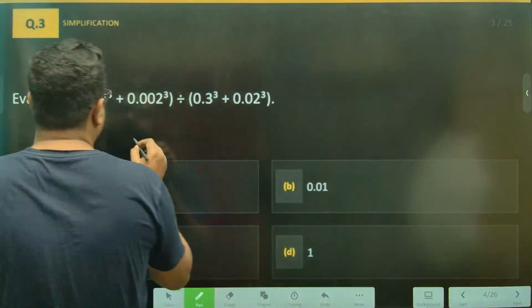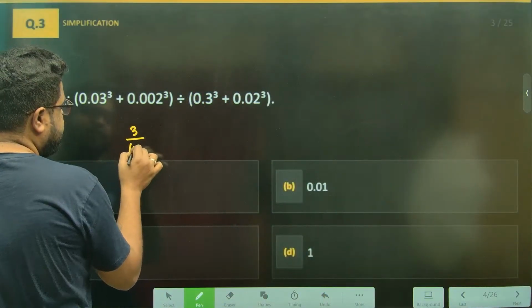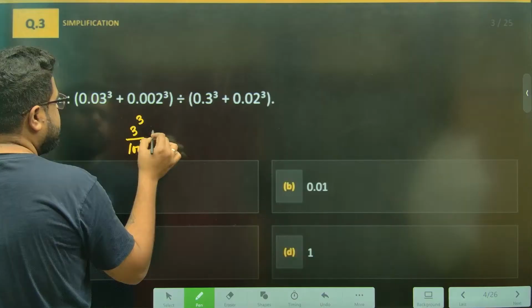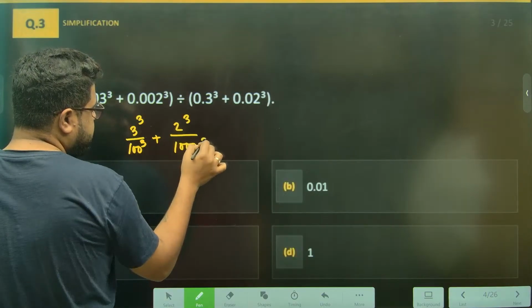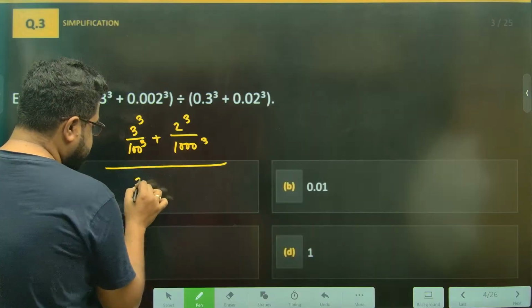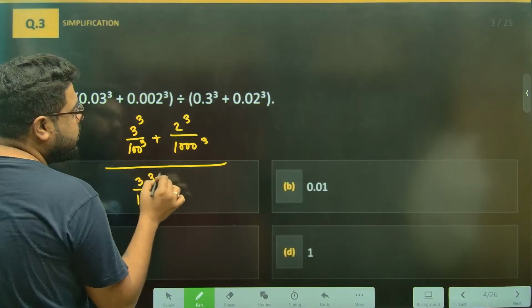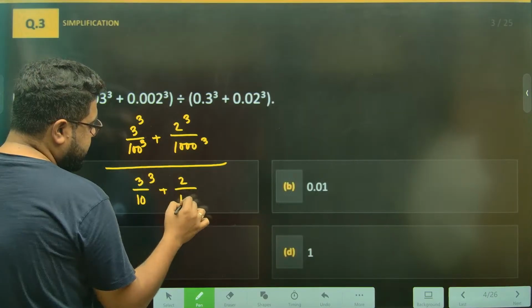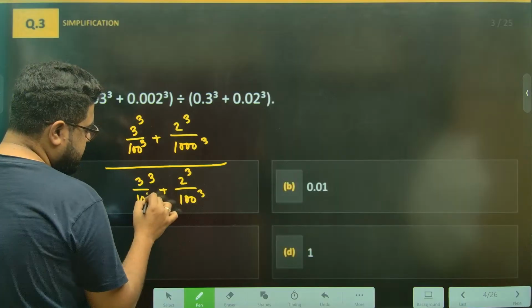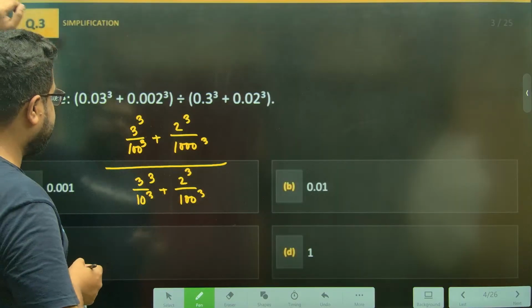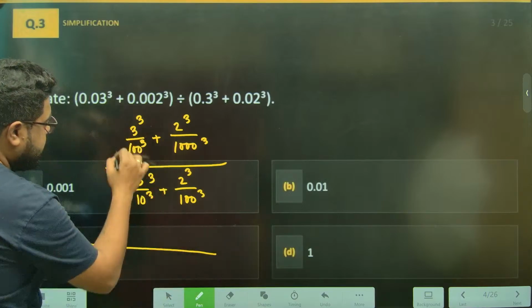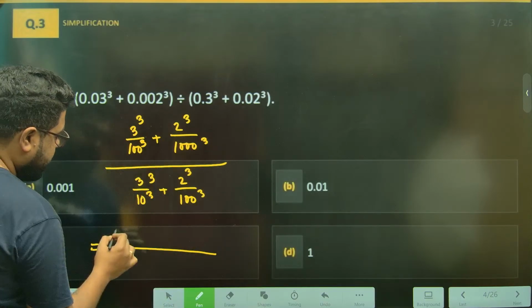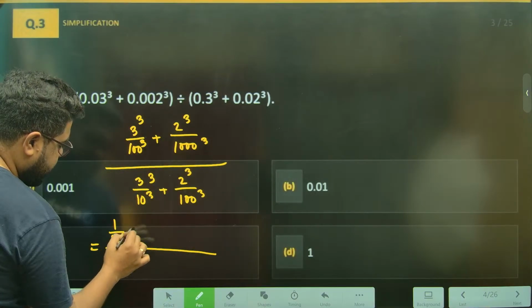0.03 whole cube, meaning 3 by 100 whole cube, divided by 0.02 whole cube, meaning 2 by 1000 whole cube. Take 1 by 10 cube common.